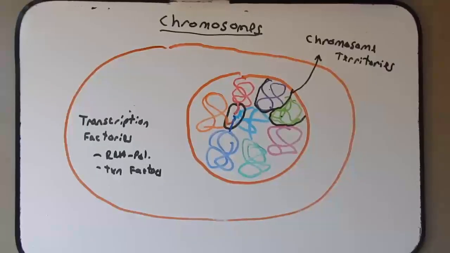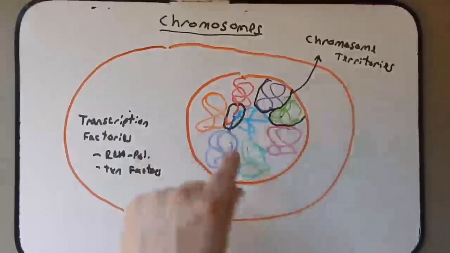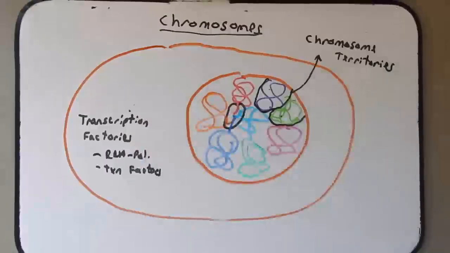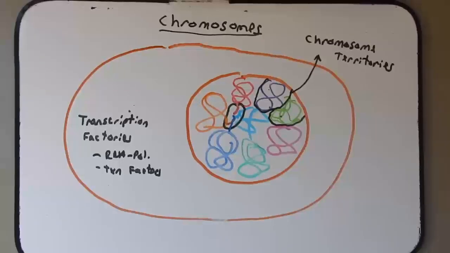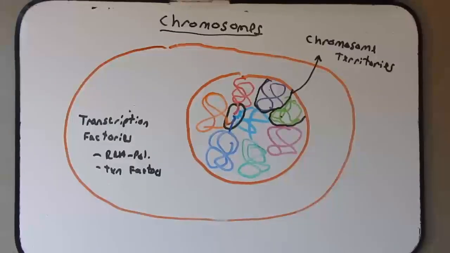In this way, we can effectively turn on a whole set of genes without having to move around RNA polymerases and transcription factors throughout the nucleus. We can just keep them all clustered right here in certain regions of the nucleus, and then bring the DNA that needs to be transcribed into those regions.